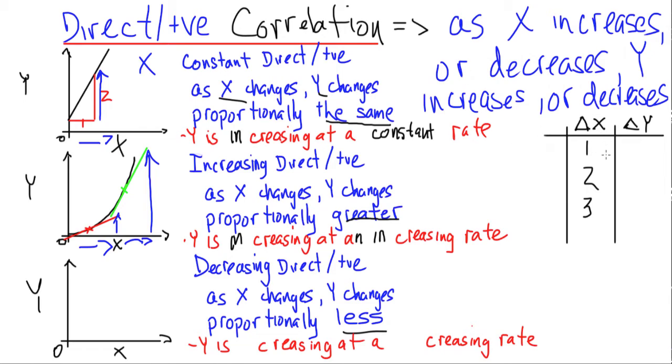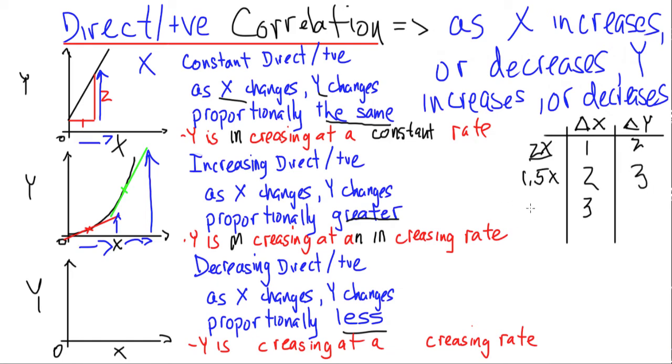So if we start with a change in x of 1 and y is 2, for example, we have 2x. 2x gives you y. Now with the decreasing direct correlation, this number has to decrease as x changes. So let's go to 1.5 times. So the change in y will be 3.